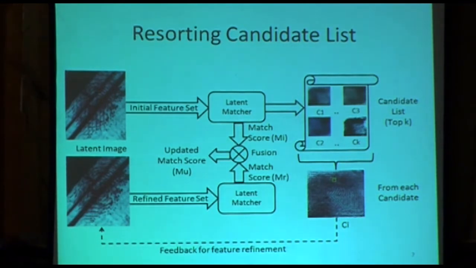From each candidate, you can take feedback to refine the features of the latent. This is done for each latent-exemplar pair while matching them. You use the refined feature set to match the latent in the top-down mode and generate a new match score. Finally, you fuse the two match scores to generate an updated match score and use this to resort the candidate list. This is the whole idea of the proposed algorithm.